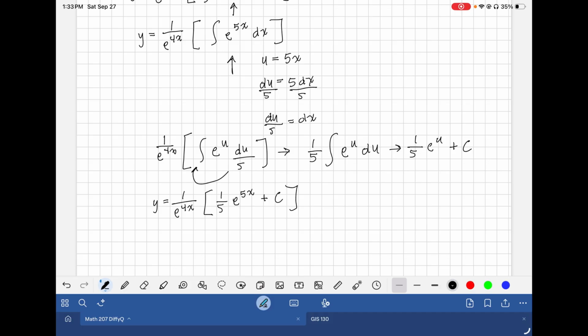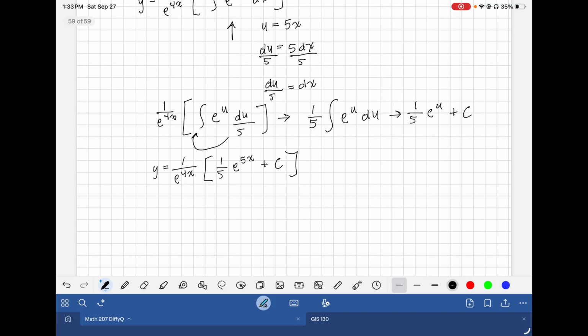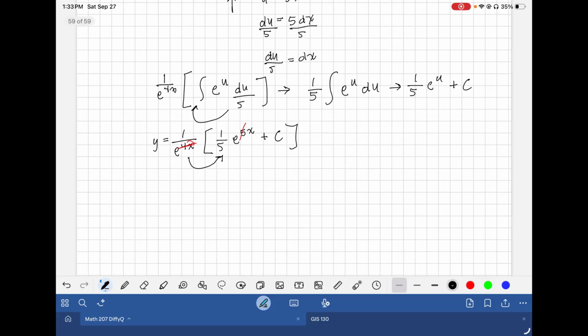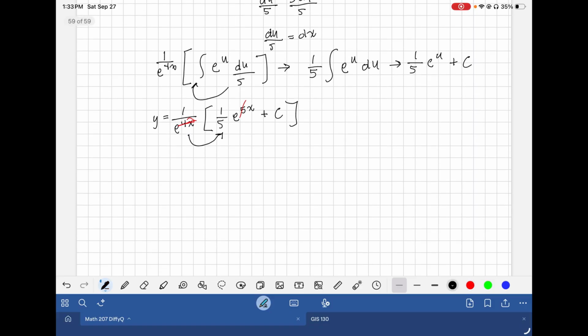Okay. So now we can multiply these together, and since e to the 4x is on the denominator, when we multiply that by e to the 5x, that's just going to reduce down to e to the x. And then that's going to be C over e to the 4x.